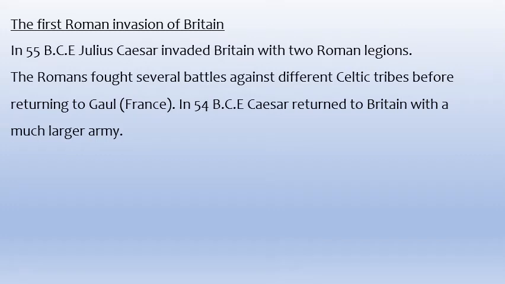The first Roman invasion of Britain. In 55 BCE, Julius Caesar invaded Britain with 2 Roman legions. The Romans fought several battles against different Celtic tribes before returning to Gaul, modern-day France. In 54 BCE, Caesar returned to Britain with a much larger army.